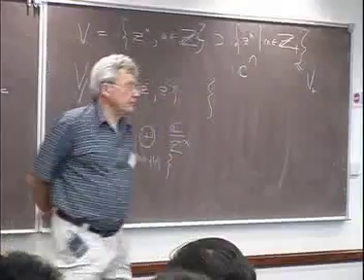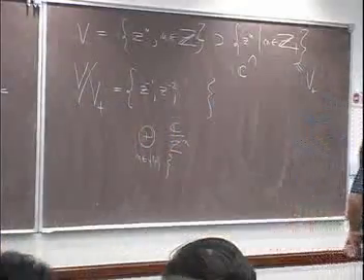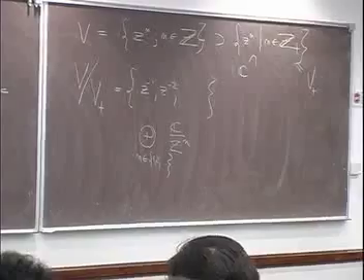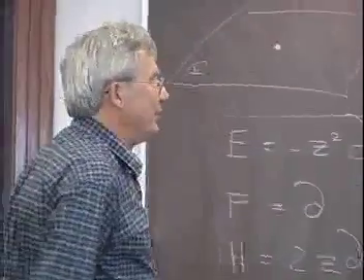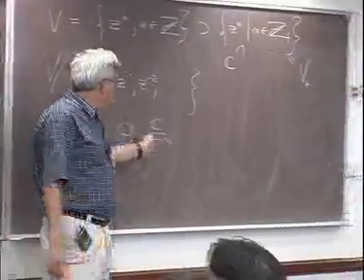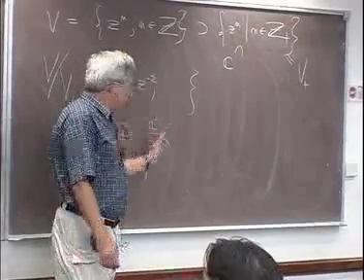Did you get this by making SL2C act on P1C and then differentiating? Yes. This will be the end of the story. I just want to point out, this is a module.